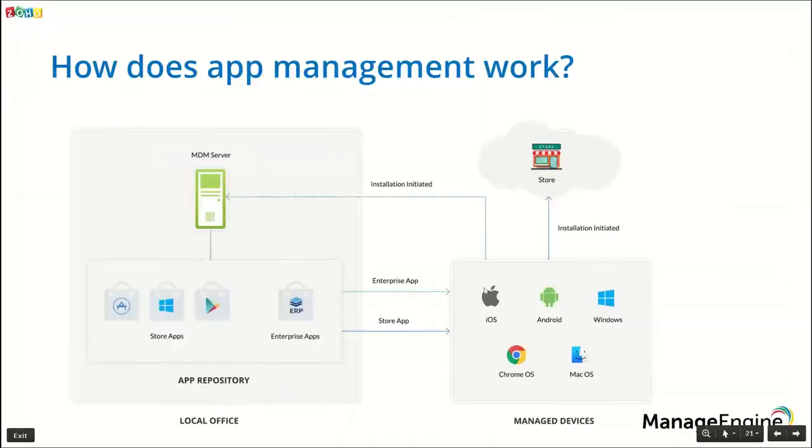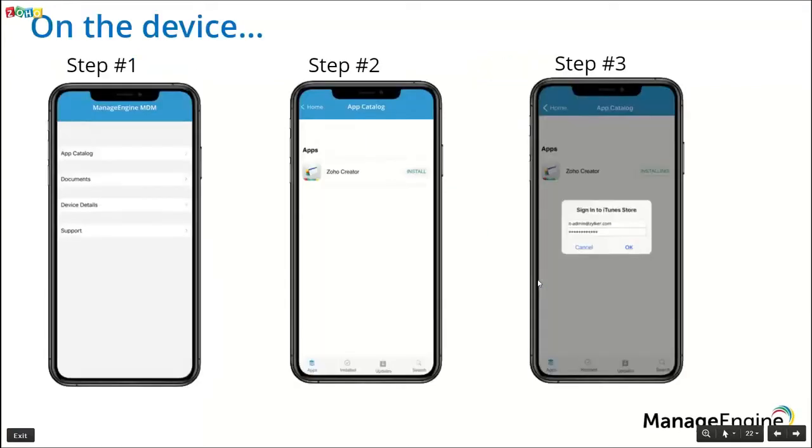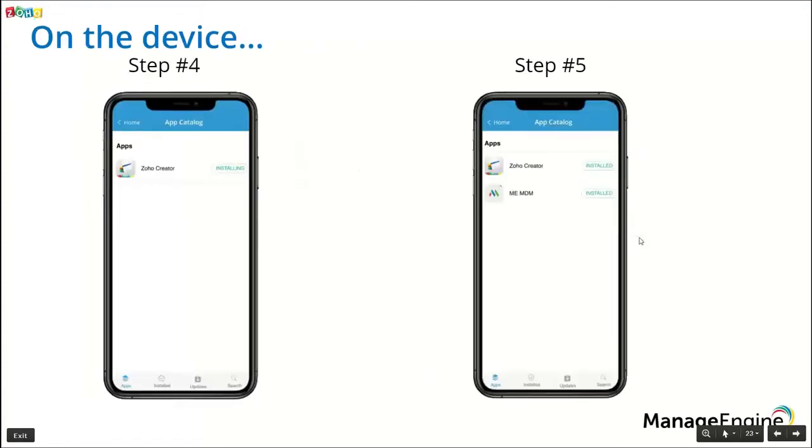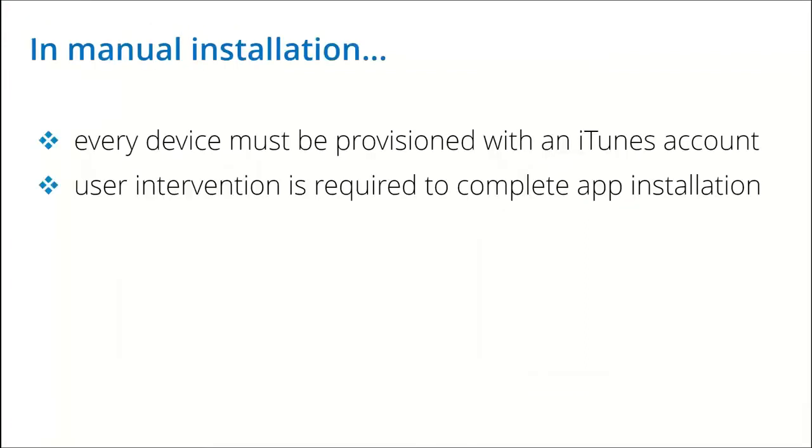So let me take you to the screen where we show you how it will look on the device. On the device, you will find under app catalog, the application is available. And the user needs to click on install and provide the iTunes credential. After entering the credential, the application will start getting installed, and once the installation is complete, the remarks will be posted.